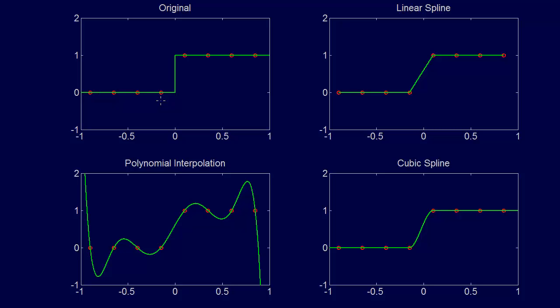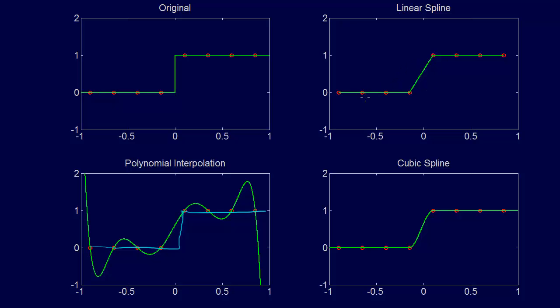Suppose the original function looks something like this, and we want to fit that data with a polynomial. Well, if we fit it with a polynomial, this is what we get right here. If the original data was right here, that is not exactly what we were looking for, is it? It sort of goes all over the place.